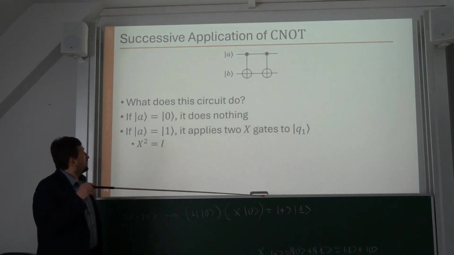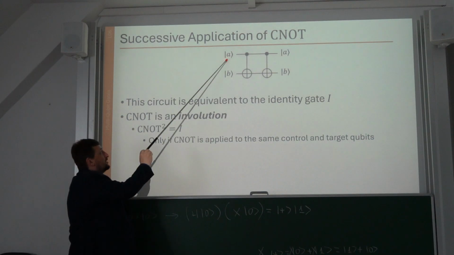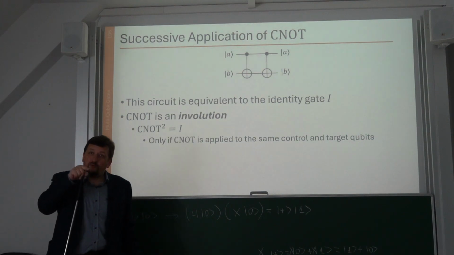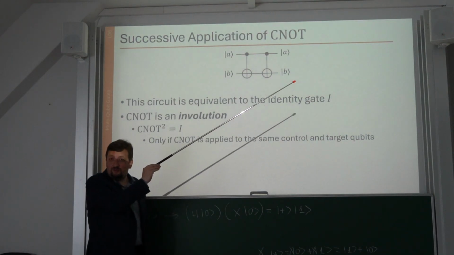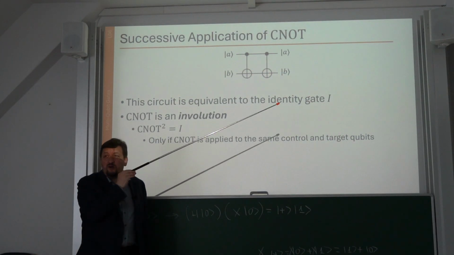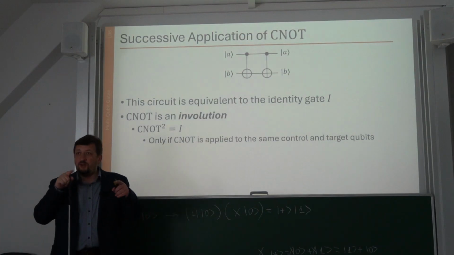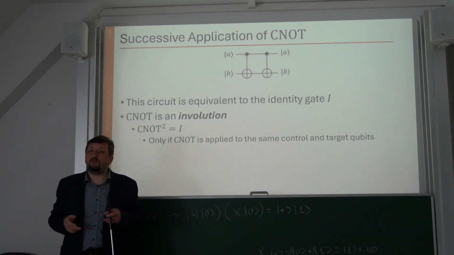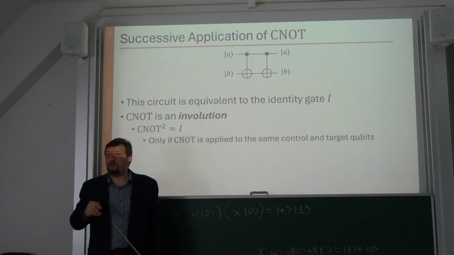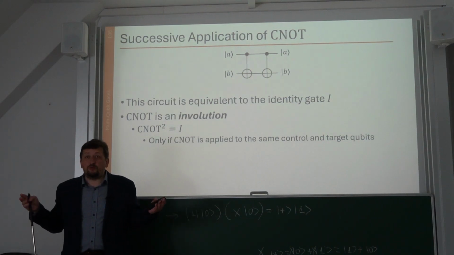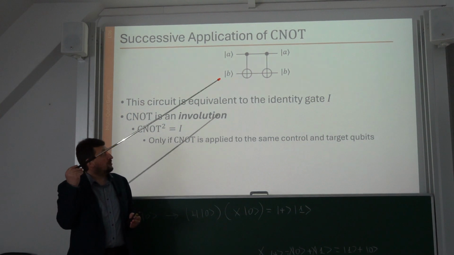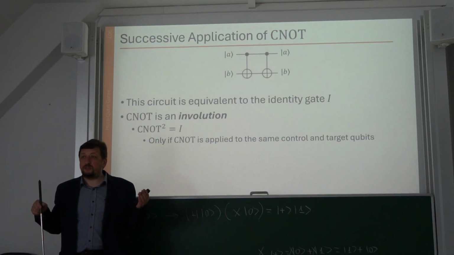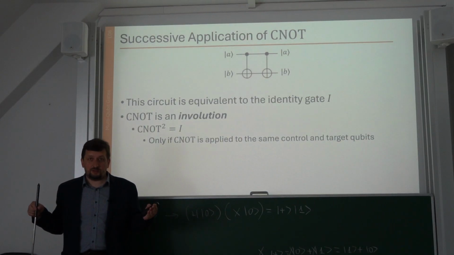We analyze 2 possibilities: if here is 0, nothing's going on; if here is 1, nothing's going on. Then the question is, what happens if here I have a superposition of 0 and 1? If in both cases we have the identity gate, so this circuit is equivalent to the identity gate, then the same would happen with a superposition.